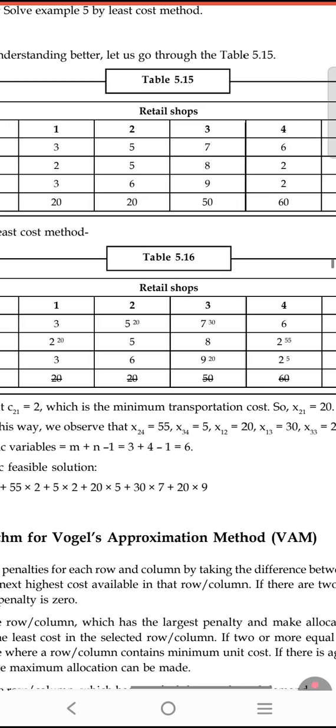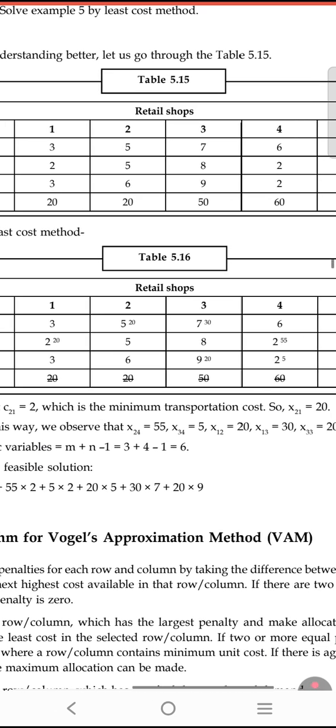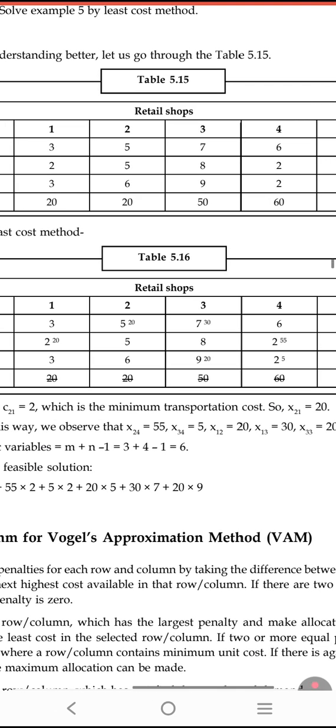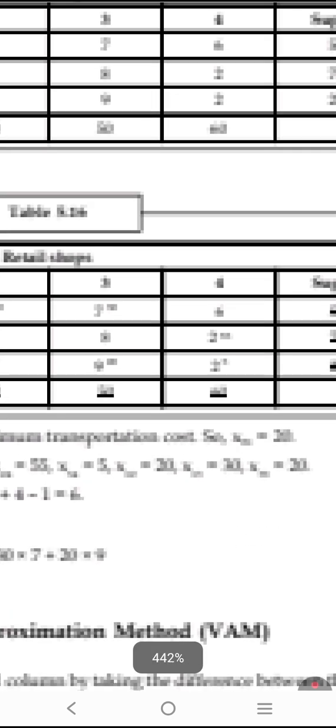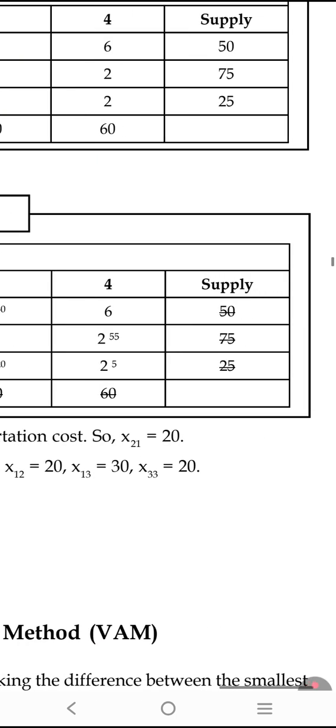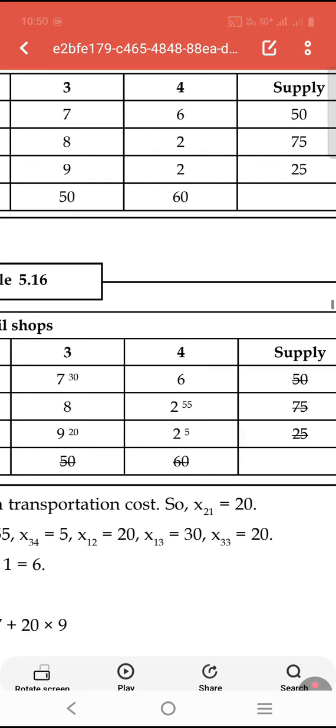Next we select the minimum cost, which is 2, in cell 24. The remaining supply is 55 and demand is 60. We allocate 55 in cell 24, cross out this row, and the remaining demand is 5.